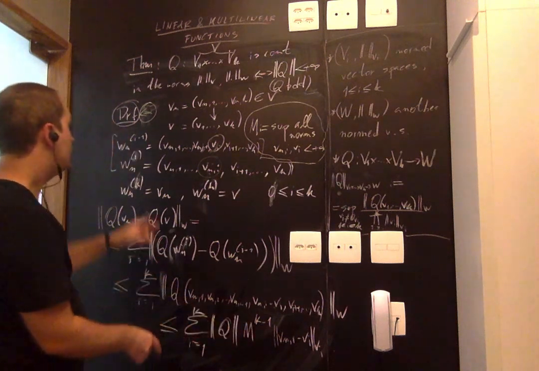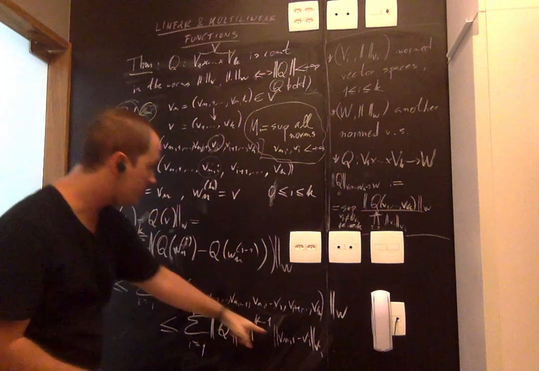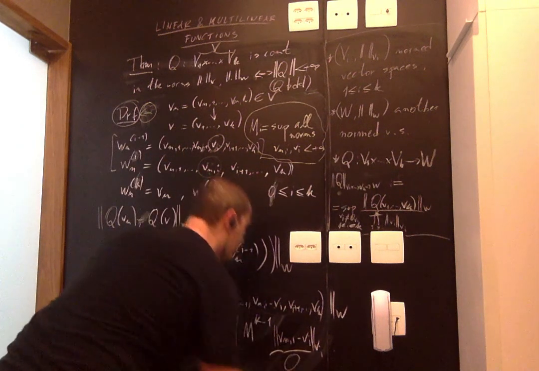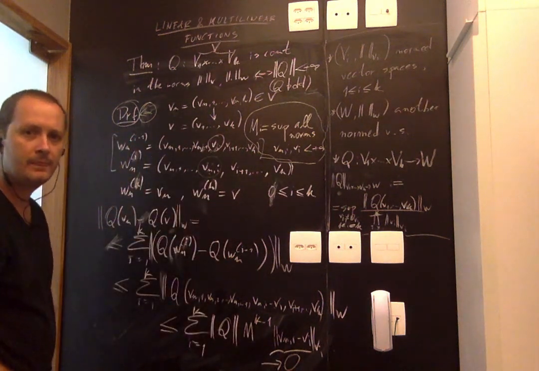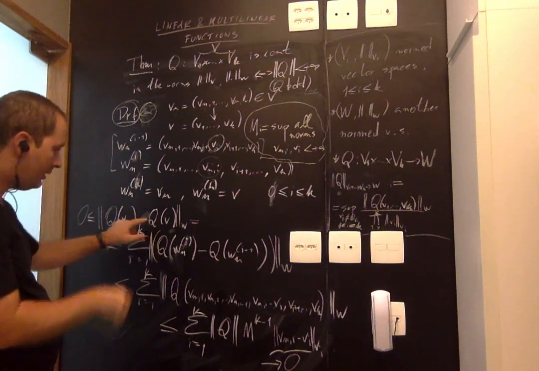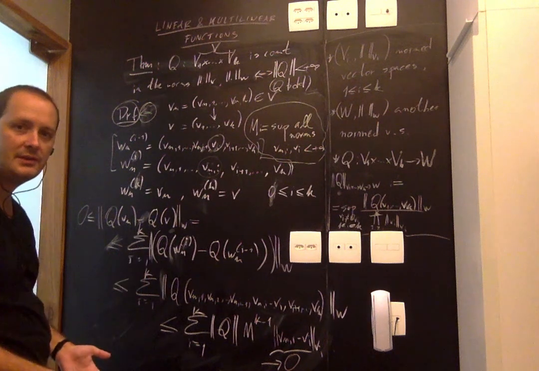So remember that V sub n goes to V, therefore V sub ni goes to Vi for all i. So all of this is going to 0. And therefore, this thing here is sandwiched as usual between 0 and something that goes to 0. Therefore, it goes to 0 itself.